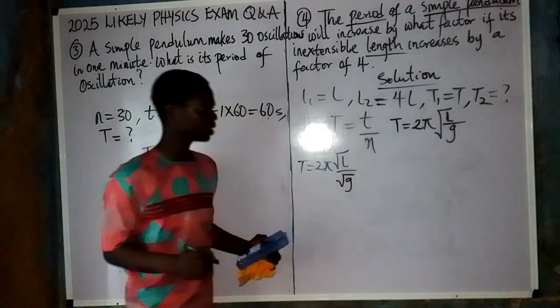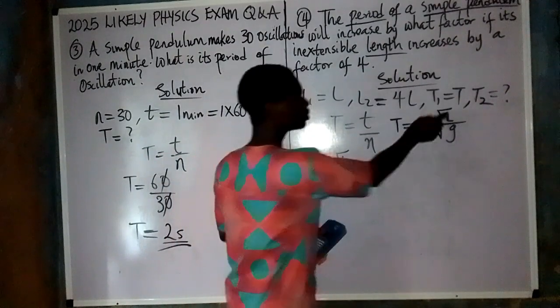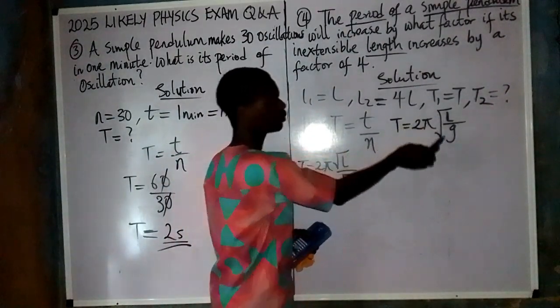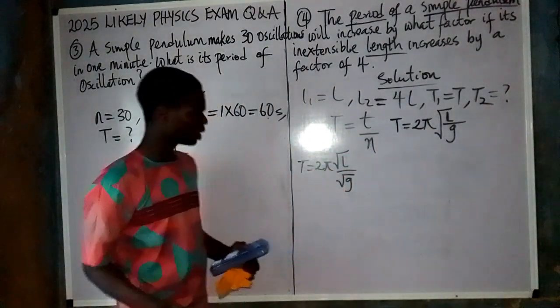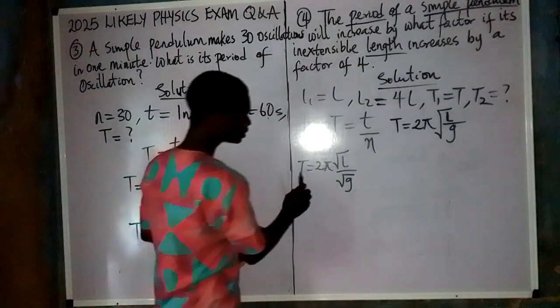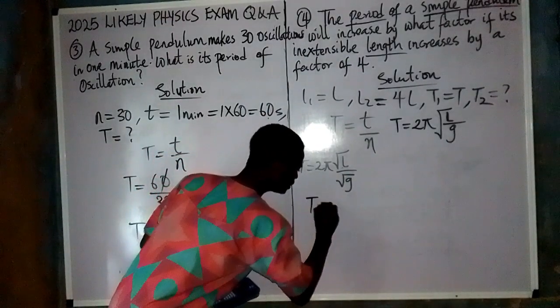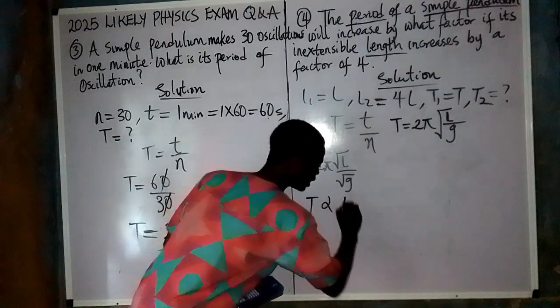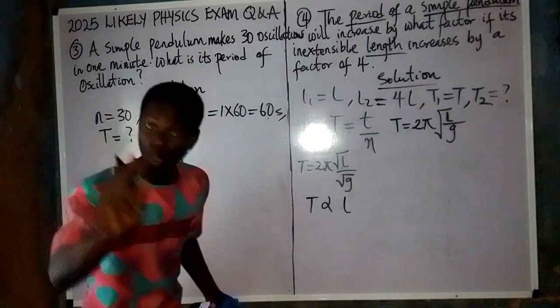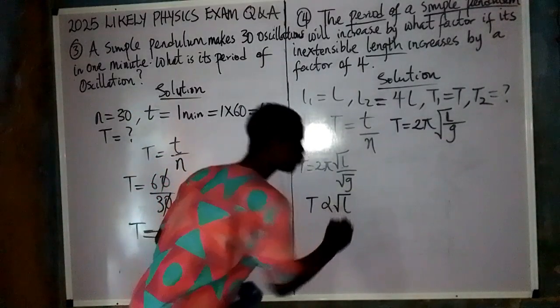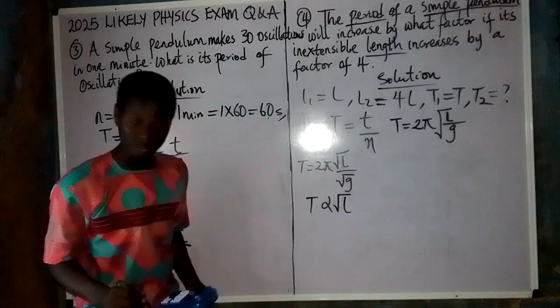Is it not? I just share the square root. Give the square root sign to the numerator and also to the denominator. Now observe something. What is the relationship between T and L? We can see that T is directly proportional to L. Is it just L? No. But to the square root of what? L. Is it not? Good.